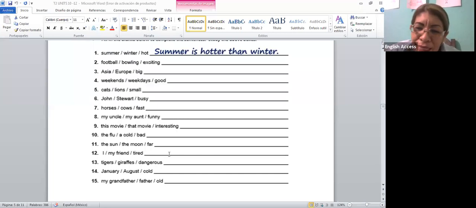Okay, with this exercise, we finish lesson A. In lesson A, we learn how to use comparative adjectives. With short adjectives, we use the ending ER or IER plus the word than.